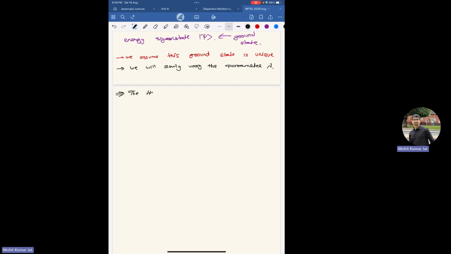The Hamiltonian will change if you vary lambda, and so does the ground state, that is psi of lambda(t).